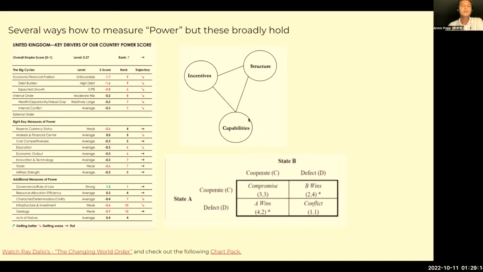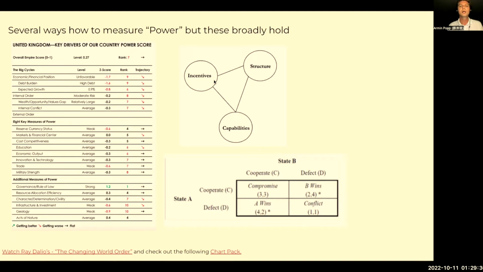And obviously these factors have a reflexive relationship. You might know what reflexivity is from markets. The same is true here.